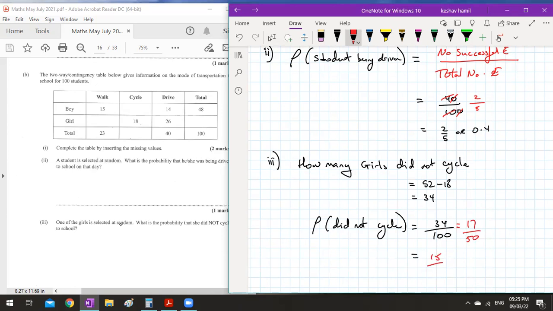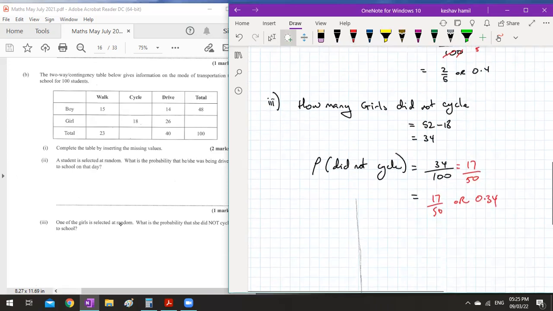So you have 17 over 50. I'm going too fast. Or 0.34. That would be the probability of girls did not cycle.